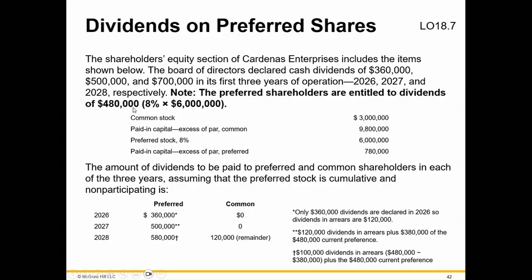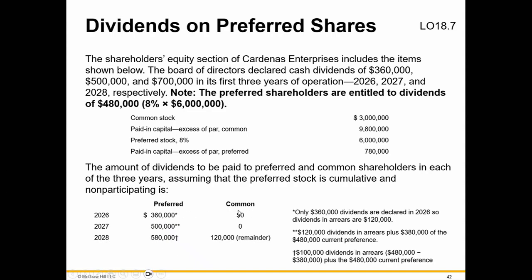Now, if preferred shareholders are entitled to $480,000 per year, you'll notice right away that the $360,000 cash available to distribute isn't even enough to cover the dividend to the preferred shareholders. But they get all of that $360, right? They're entitled, they get in line first, as I talked about in class. So we give them all $360.